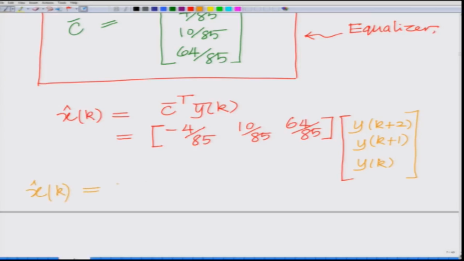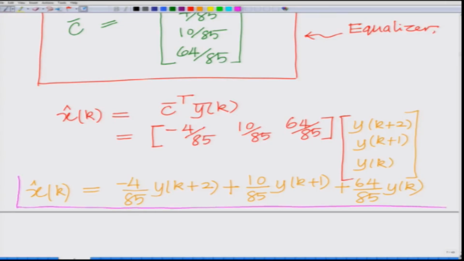And that shows that x hat k is equal to minus 4 by 85 times y of k plus 2, plus 10 by 85 times y of k plus 1, plus 64 by 85 times y of k. Finally, this is your equalized symbol.